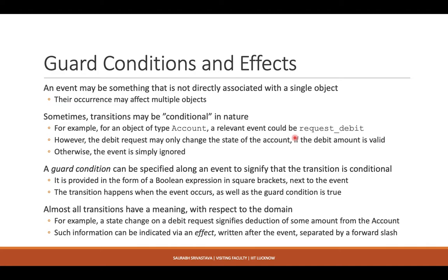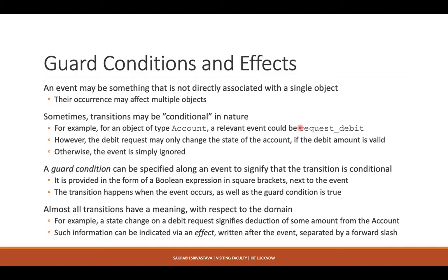But all these things can only happen if the transaction amount is proper. You cannot ask for a debit of, let us say, 1000 rupees if the balance in your bank account is only 500 rupees. So in such a case, even though an event has occurred, a debit request has come, the object might not change its state because of certain reasons.